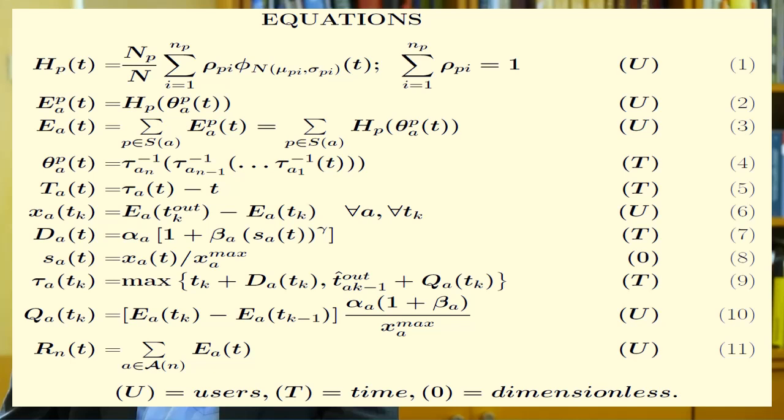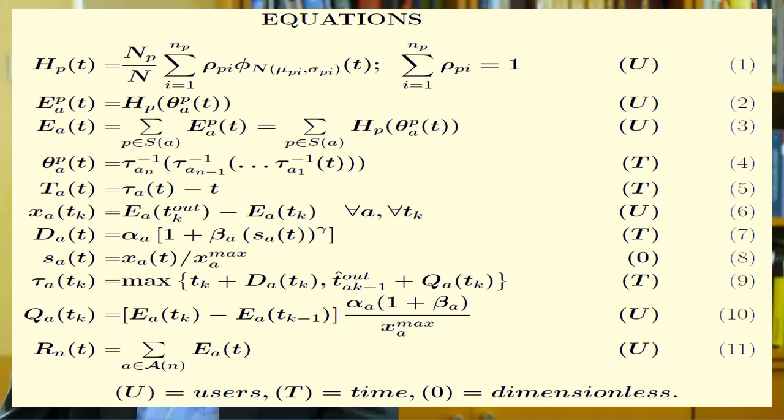Equation 8 defines the degree of saturation s_a of t as the fraction of users x_a of t inside the link at time t with respect to the saturation occupation x_a max. Equation 9 gives the exit time of a user who enters link A at time t_k as the maximum of the two previously mentioned values.